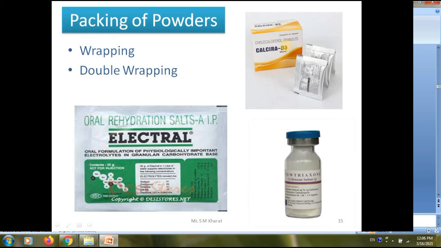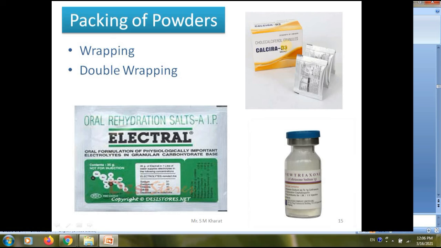When the ingredient is iodine, no, iodine, yes, someone has told the hygroscopic powder, very nice. Iodine, I have given the example for the trituration, in that we are going to use the glass mortar and pestle because of staining. Yes, very nice, hygroscopic, that was the answer.